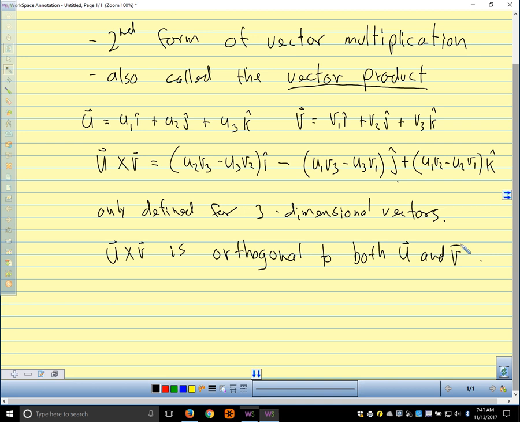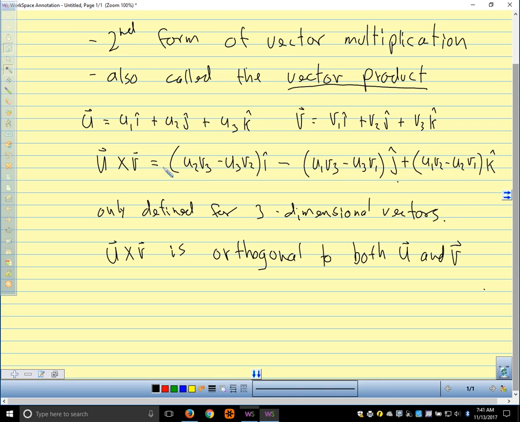So if you have two vectors in the plane, the cross product is going to be orthogonal to that plane. So two vectors in the xy plane, if you take the cross product of those two, you get a cross product in the direction of the z-axis.